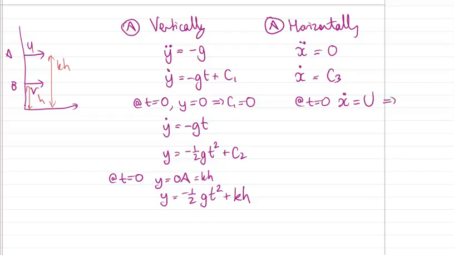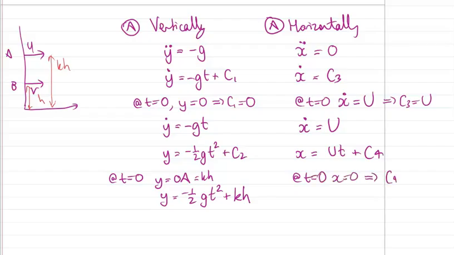That implies that C3 equals u. So my next equation there is that x dot equals u. Now get to displacement. X equals ut plus my next constant. I know at t equals 0 that x equals 0, which implies that C4 equals 0. So my next equation is x equals ut.